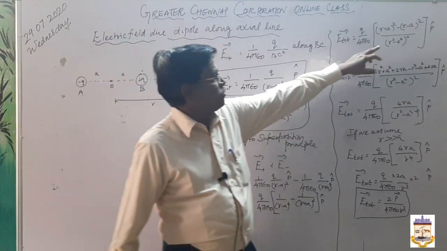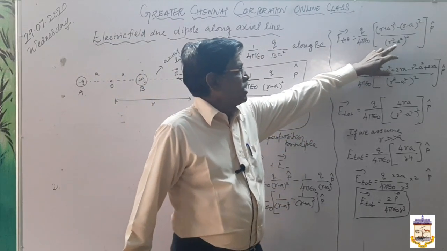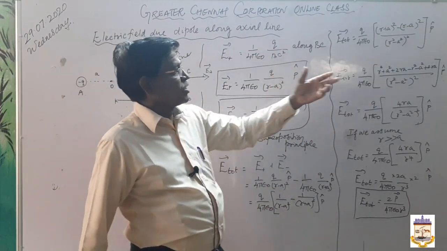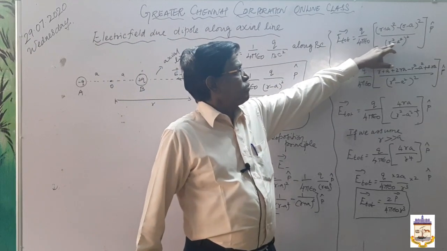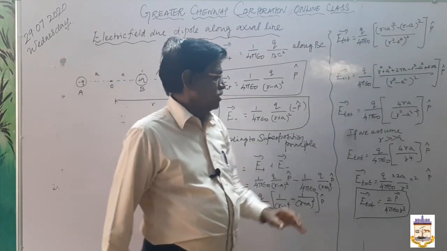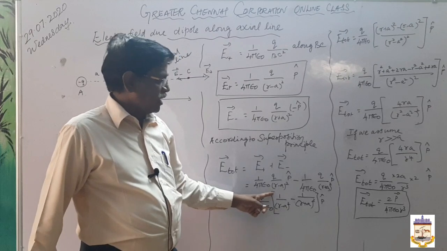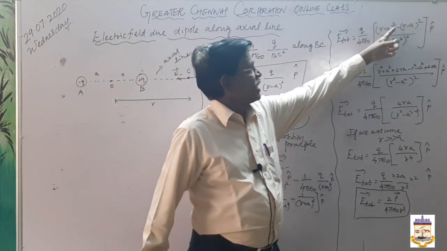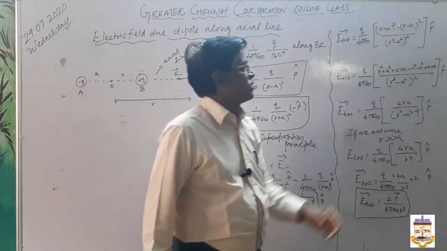If you take the LCM here, it is (a plus b) into (a minus b), the a square minus b square format. So the denominator is (r square minus a square) whole square. Then you multiply (r plus a) square here minus (r minus a) square here.